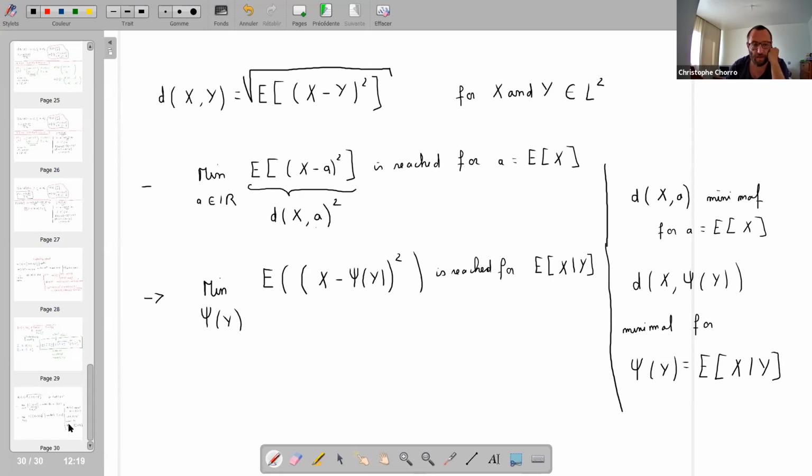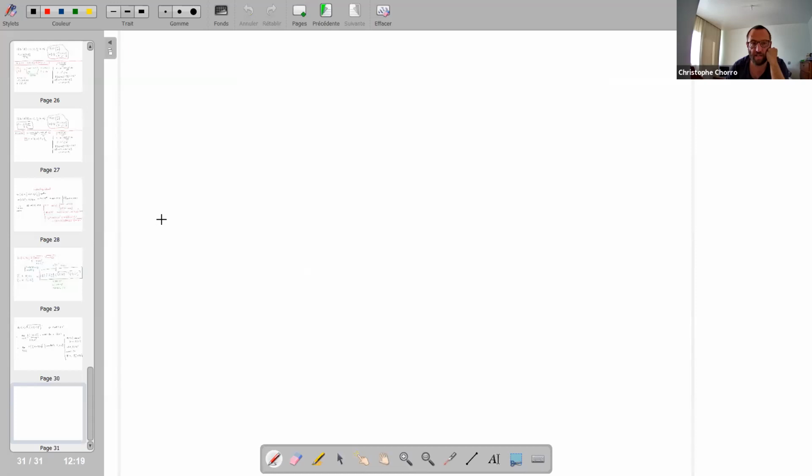So I continue. I add a new page, my slide here. I am interested in d of x,y that is equal to the square root of the expectation of (x minus y) squared.